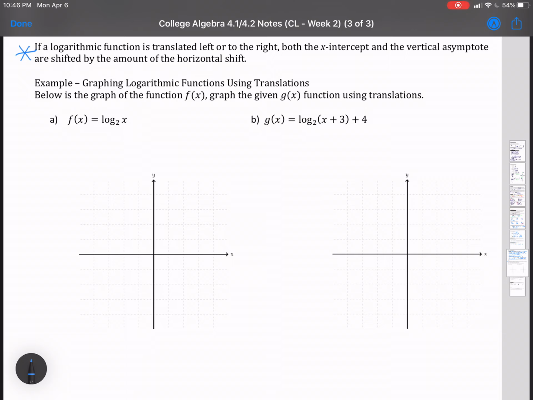You can leave it the way it is, or you can transform it and say 2 to the y power equals x, because we know f of x is the same thing as y. Normally we plug in our x values and solve for y, but here it's actually easier to plug in y.